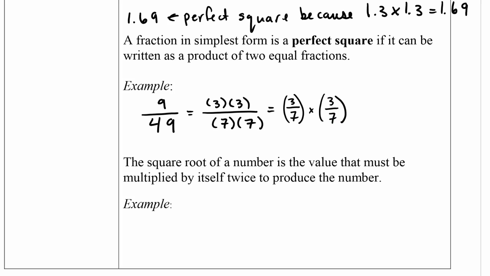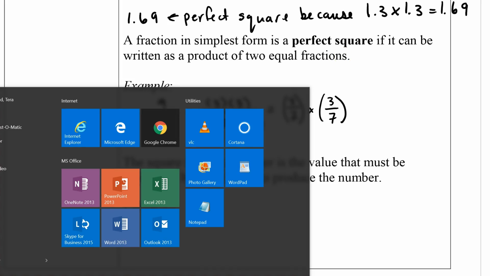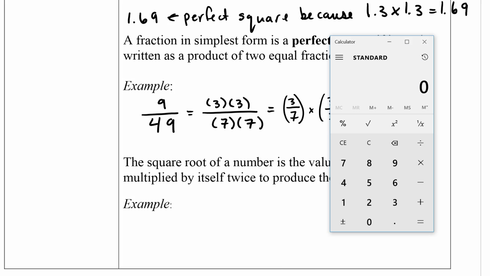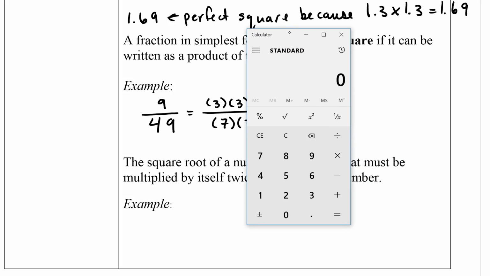Another way we can see if a fraction is a perfect square is if we bring up our calculator and we actually just see if the answer is rational. So remember, rationals mean repeating decimals, or terminating decimals. So let's see what this one is. 9 divided by 49 equals, and we want to find the square root of that.